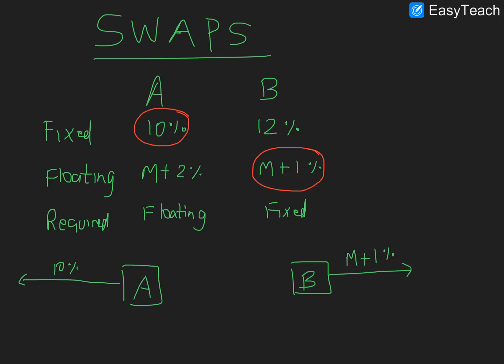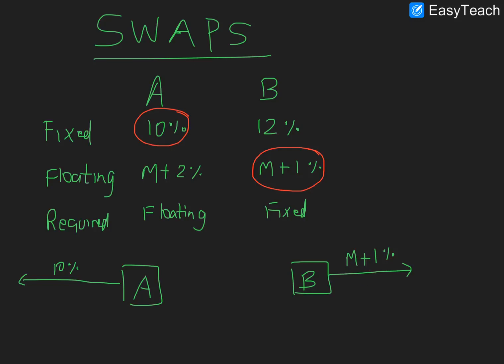Okay, but as we know, A wants a floating rate loan, so A doesn't want to undertake this fixed obligation. So A will simply say, whatever is yours, that's mine. I will undertake your obligation, you undertake my obligation. So A says, what is your obligation? B says that my obligation is MIBOR plus 1%.